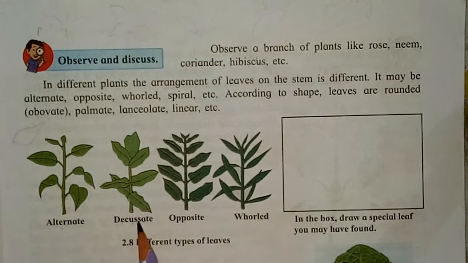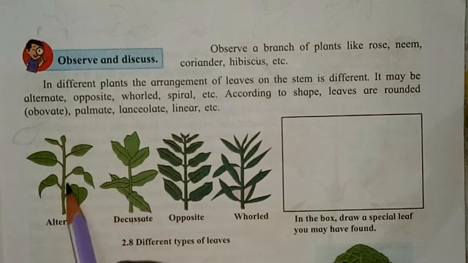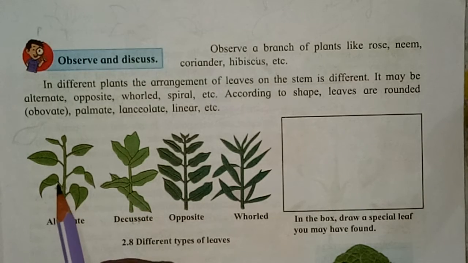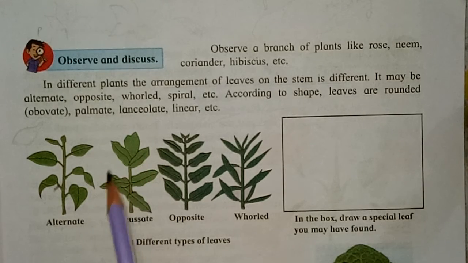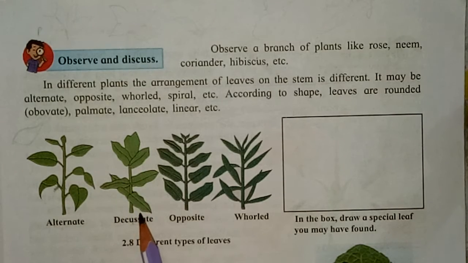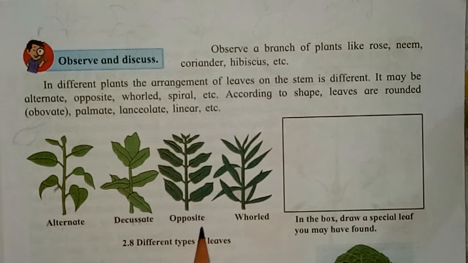Next you will see decussate. In this decussate arrangement, the leaves do not have a petiole. Petiole is this part of the leaf. These leaves do not have petioles, and you can see this zigzag arrangement, which is called decussate.